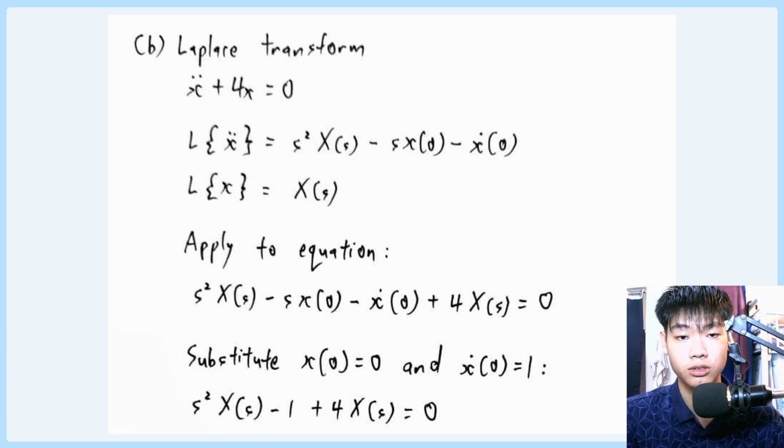By applying these two Laplace transforms into the equation, we will get s squared X(s) minus s x(0) minus x single dot (0) plus 4X(s) is equal to 0. By substituting x(0) is equal to 0 and x single dot (0) is equal to 1 into the equation, we will get s squared X(s) minus 1 plus 4X(s) is equal to 0.